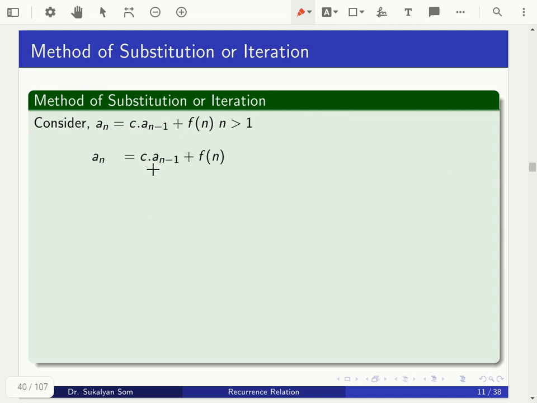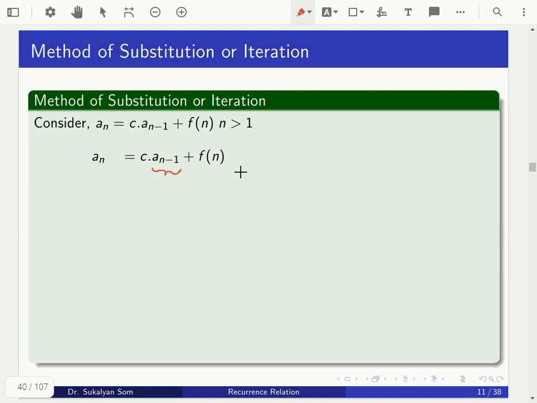Then we substitute a_(n-2) using its previous term, a_(n-3). Then we substitute a_(n-3) in terms of a_(n-4), and we continue this procedure of substitution until we get an explicit form.